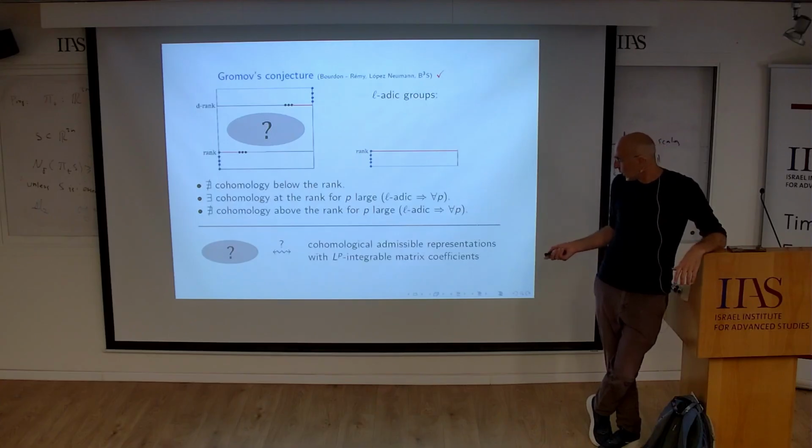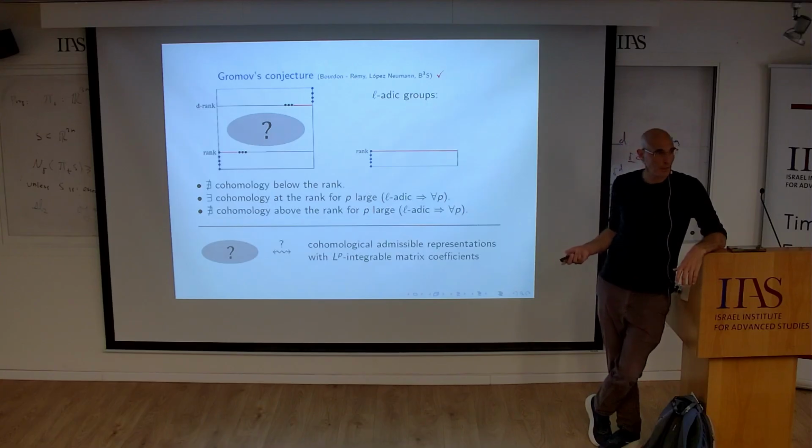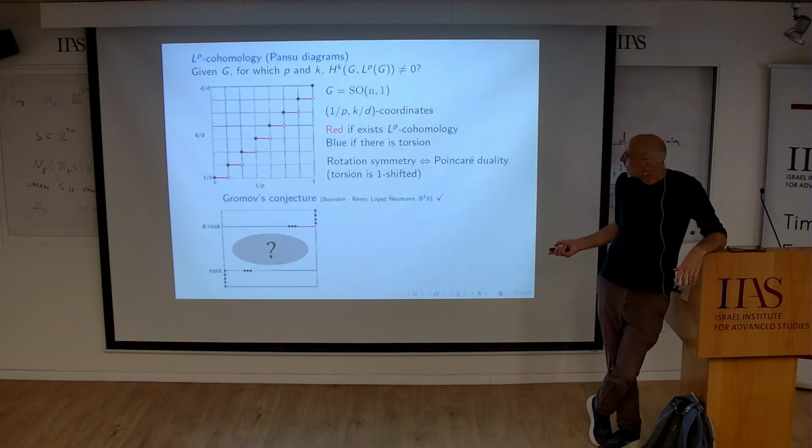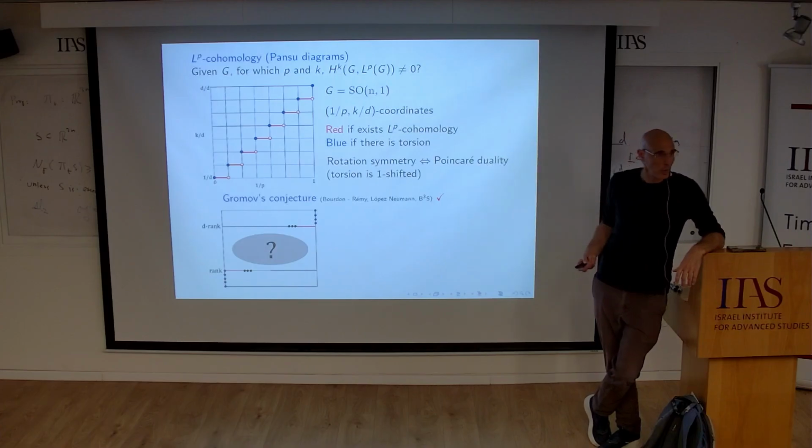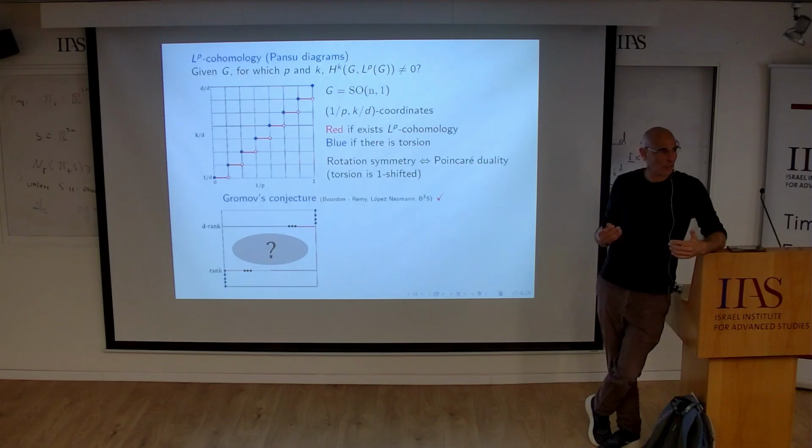And for any given admissible representation, what is the associated LP of integrability? It appears, let me come back to Pansu's picture over here for SO(n,1), that if you look at the admissible cohomological representations of SO(n,1), they have LP matrix coefficients, so they contribute to the LP(G) cohomology.